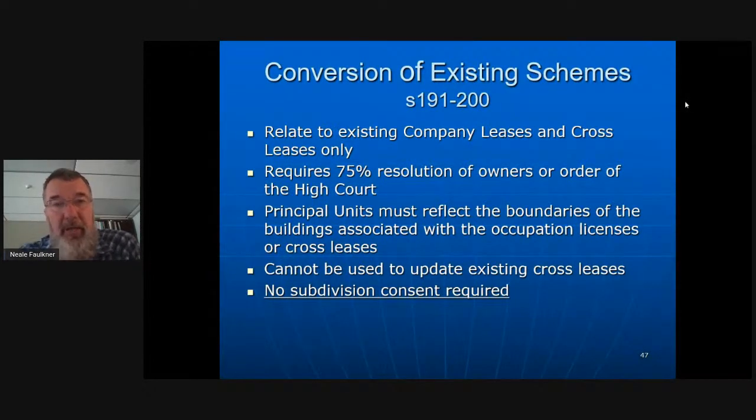I'm going to show you an example of one that I think was done in about the 1950s. There probably weren't hardly any fire rating requirements in the 50s. And all of a sudden, if they had to go through the normal process of a standard unit development, i.e. converting from cross lease through to, and in this case it was a company lease, but from a company lease through to a unit title, in the old days before the new act and before this provision, they would have had to get a subdivision consent.